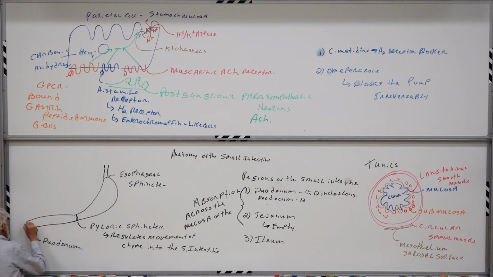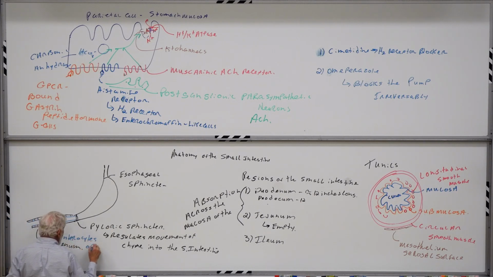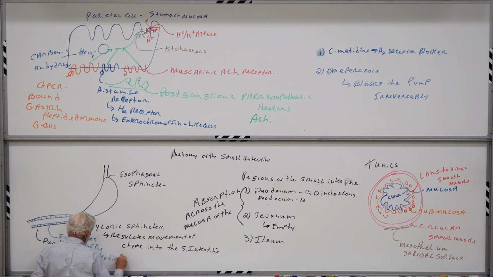The mucosa will be composed of epithelial cells known as enterocytes. So these are the enterocytes of the intestinal mucosa.